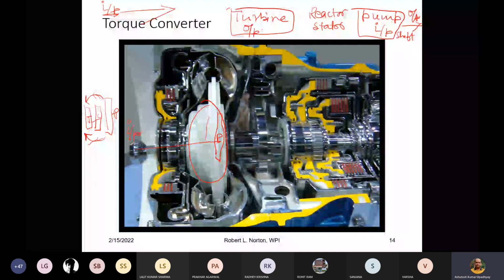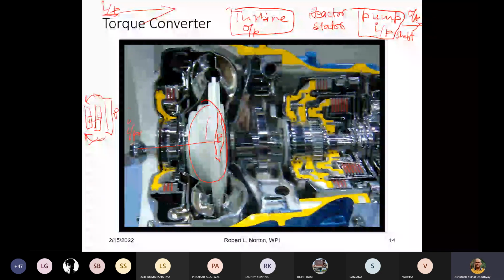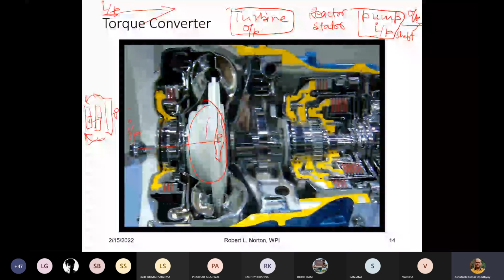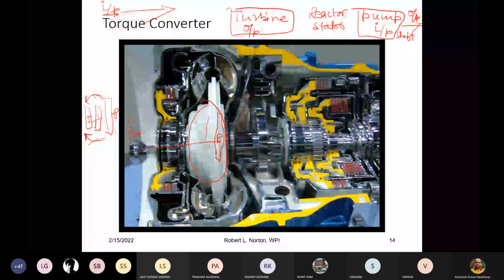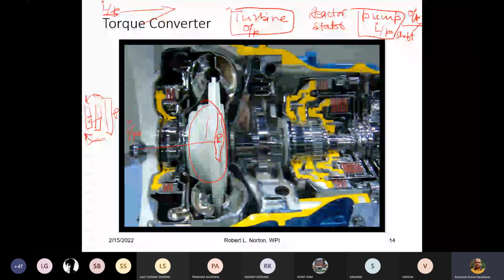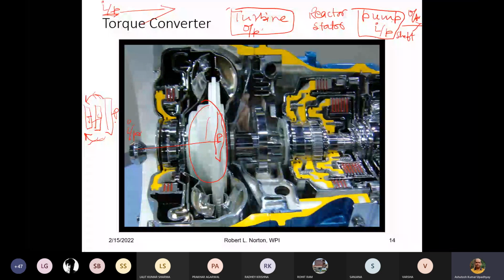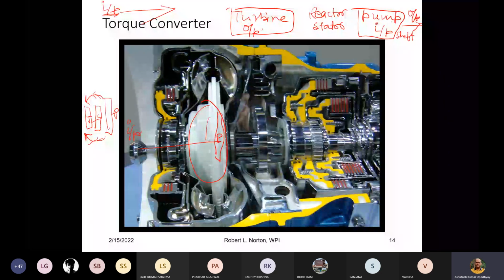Again, the stator has blades. Remember that each blade, whether it's pump, turbine or stator, is perfectly designed so that whenever required, you can create a high amount of torque. When torque is not required, the stator will allow the flow of the fluid accordingly.